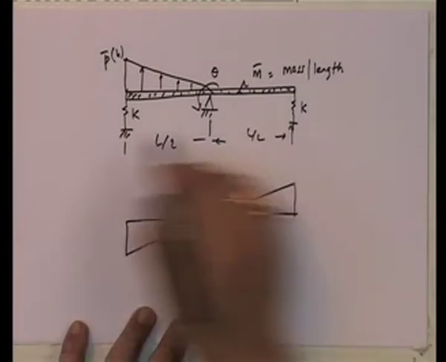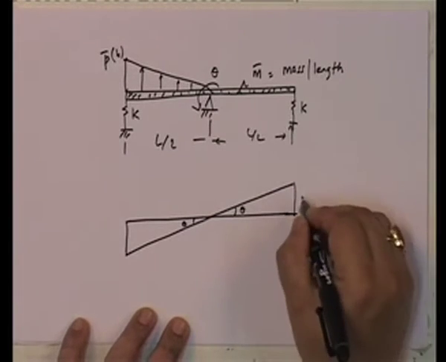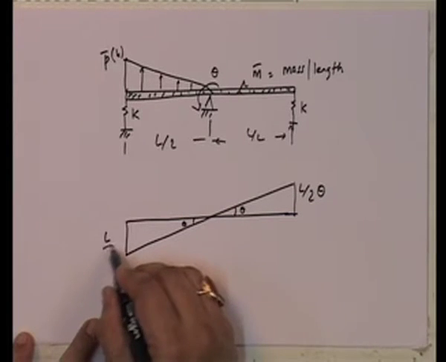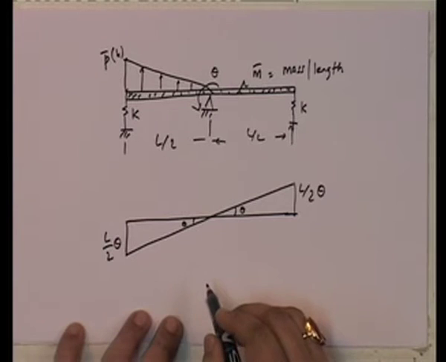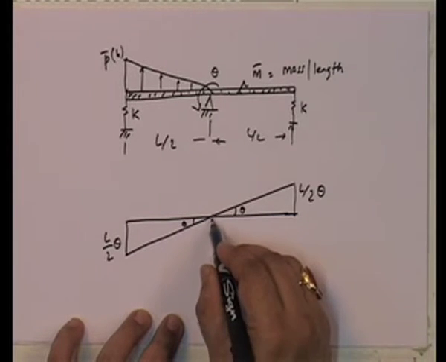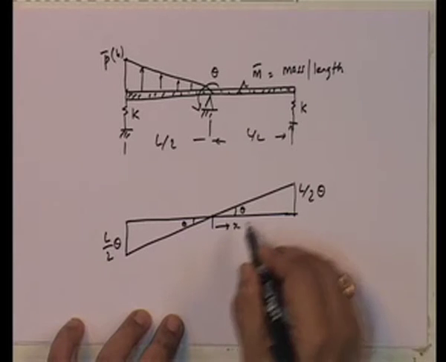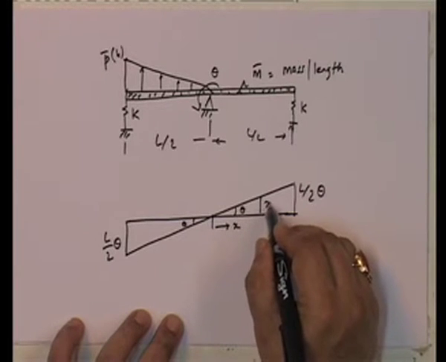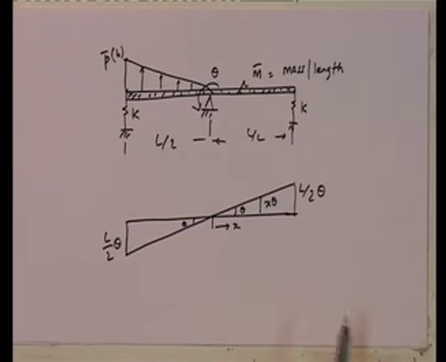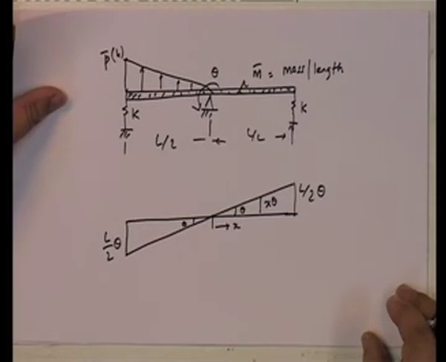So, the total length of the bar is L. Then over here I have L by 2 theta, this is also L by 2 theta, and at any point, my x I am going to take as positive in this direction. So, this is x theta. This is my displacement.